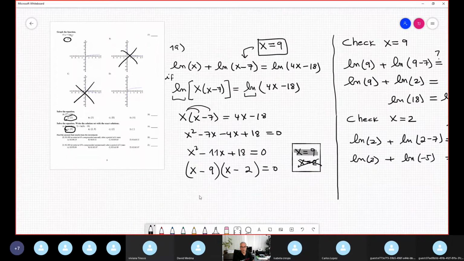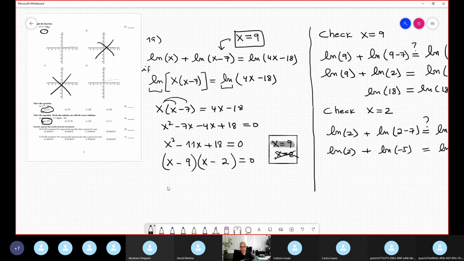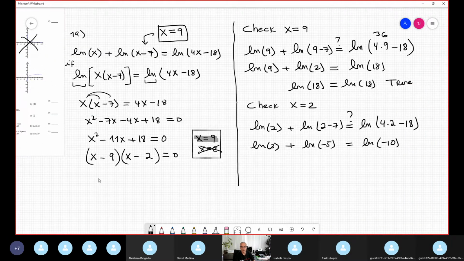Go ahead. So even if both sides are still the same, even if they're negative, it's not true? Exactly. Suppose that you want to continue, you say because you're condensing this, no, this is not true. This is undefined. You say we are working in the real numbers. In the real numbers, logarithm of negative 5 is undefined.